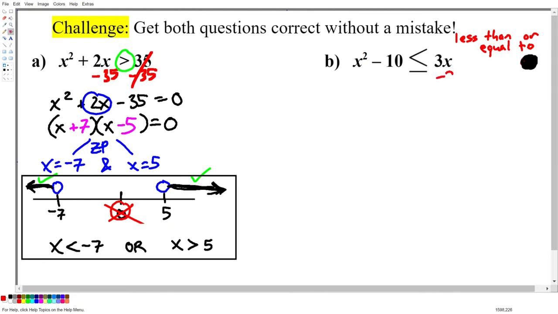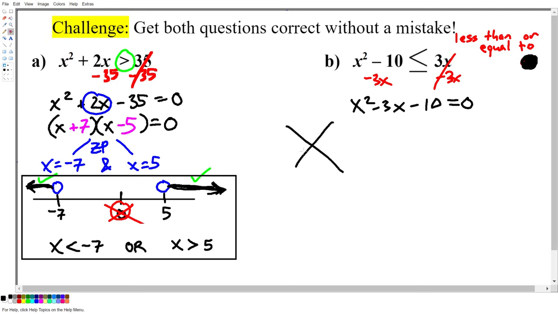Okay, step 1. Let's set it equal to 0. x squared minus 3x minus 10 equals 0, because we're just trying to find our boundary points. Let's see if we can factor this correctly. What two numbers multiply to -10, but also add to -3?